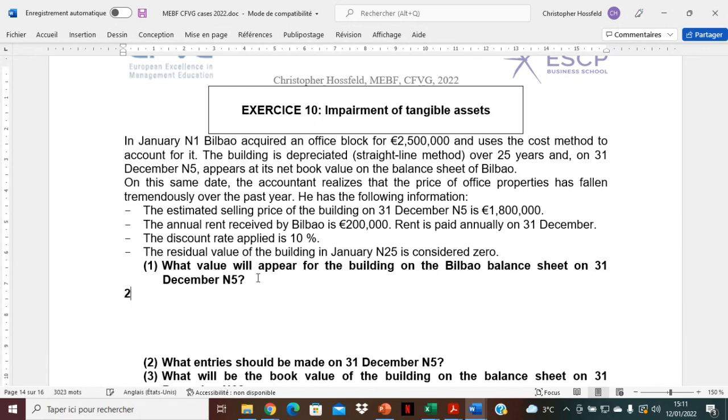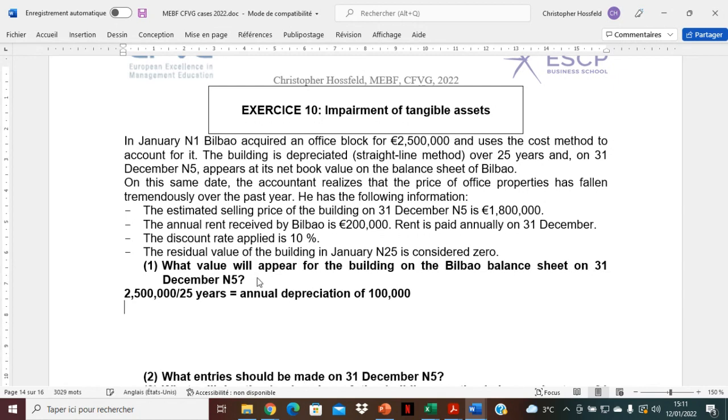I buy a building for 2.5 million, and I can use it over 25 years. That means there is an annual depreciation of 100,000. 2.5 million over 25 years.